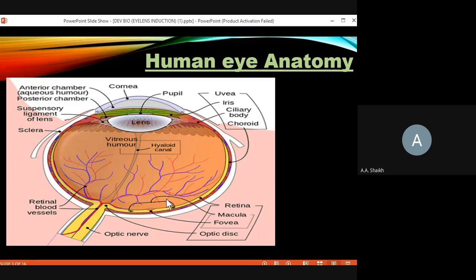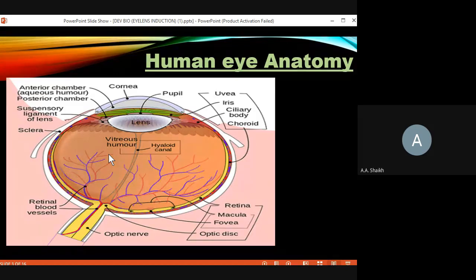Every cell, every tissue present in this complete structure will show some sort of cellular interaction with each other. These interactions will ultimately lead to the formation of certain functional organs.